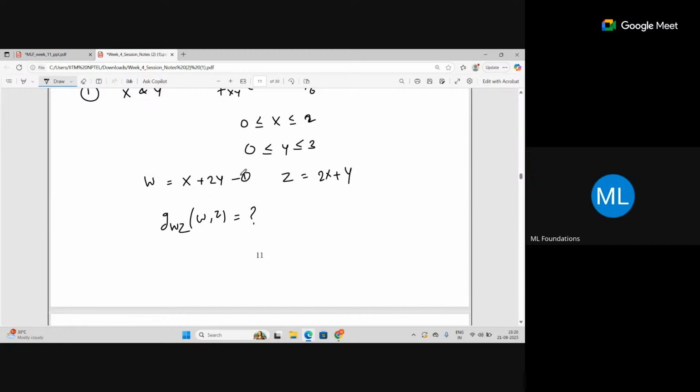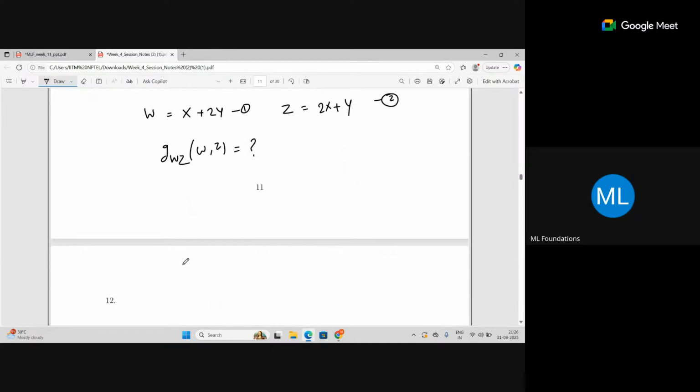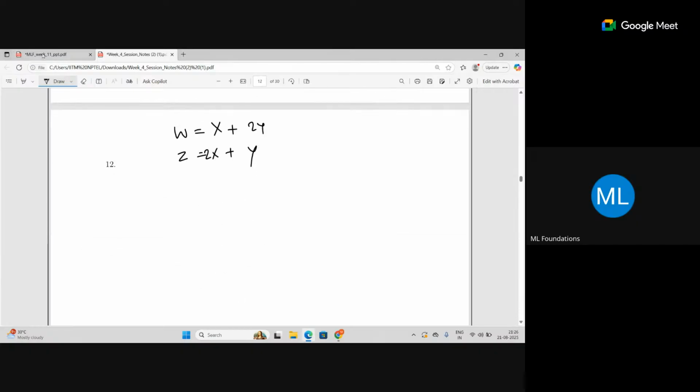So how will equations 1 and 2 look? I'll write down the equations here. W equal to x plus 2y, and another function z equal to 2x plus y. So what is x in this case?